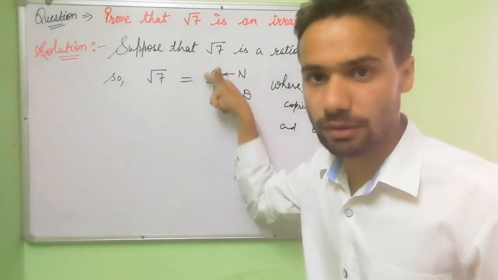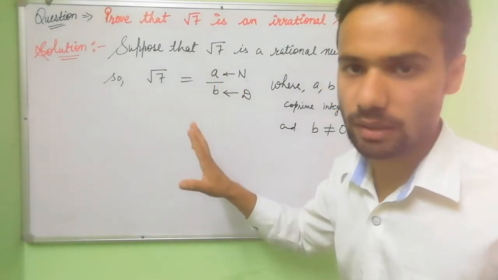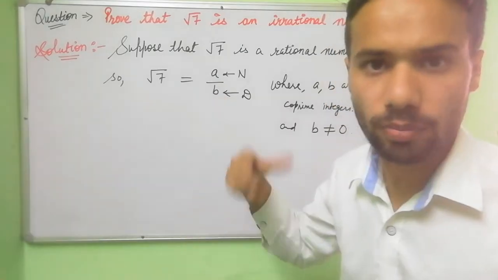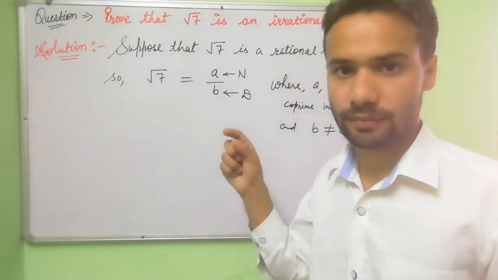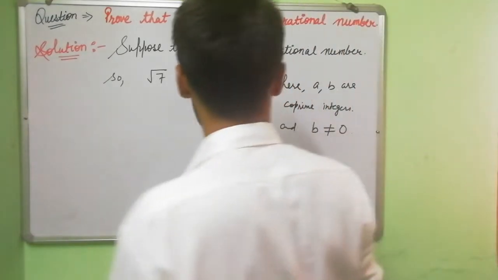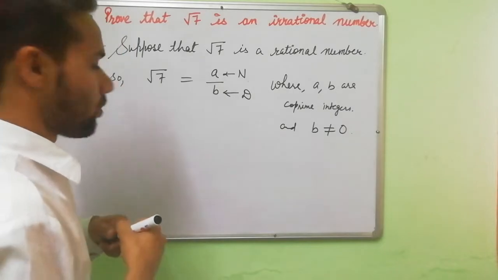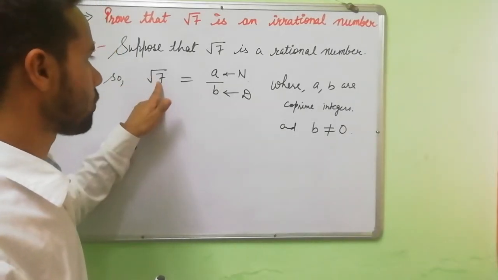Actually they may not be prime, but relatively they are called prime if the highest common factor is 1. Getting?